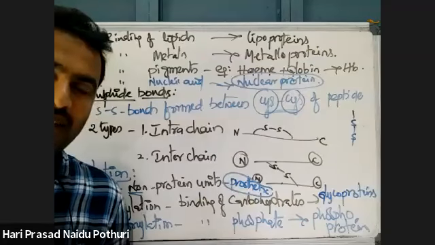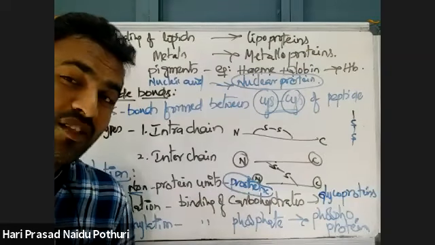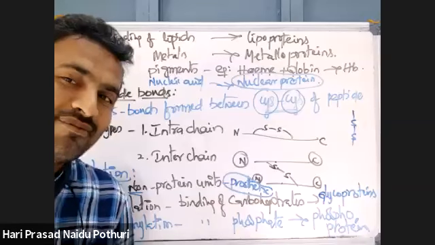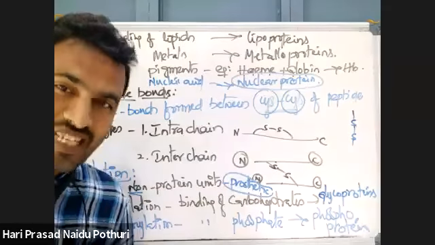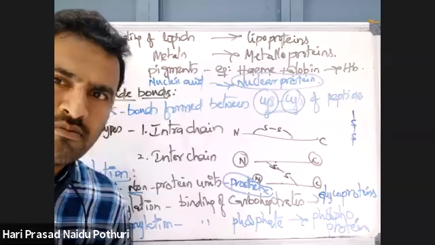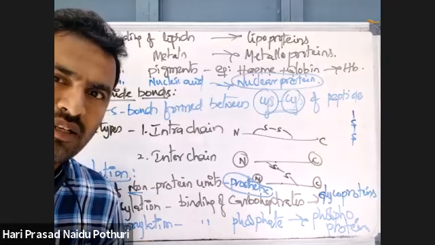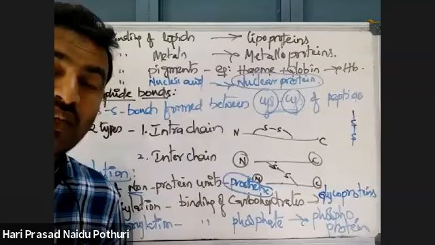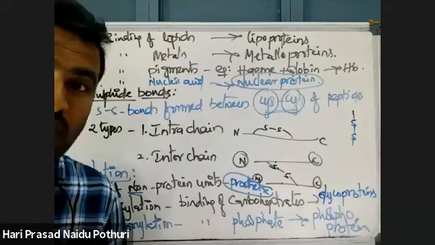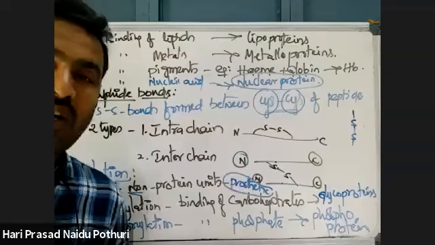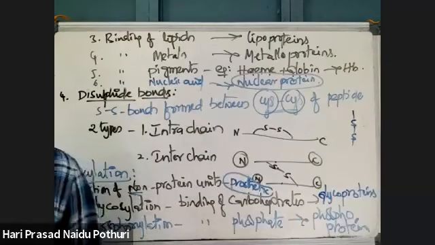DNA with histones forms what? Chromosomes. Nucleosomes. Very good answer. Chromatin material or chromosomes or chromatin fibers are formed.